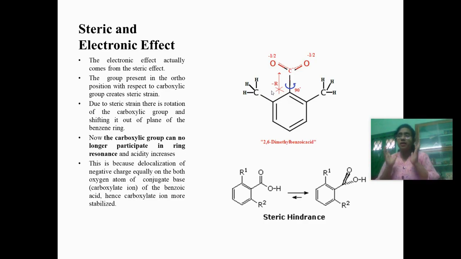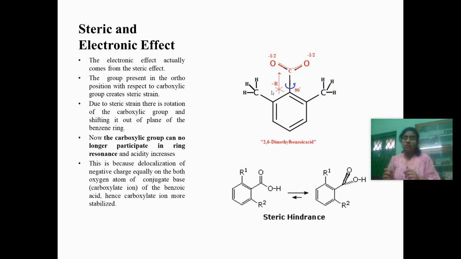So, as a summary, we can say that due to the ortho substituent, the CO2 minus group rotates 90 degrees, and then the CO2 minus, the O minus, gets high stability. As there is high stability, with no electronic or steric repulsion, the conjugate base is more stable, and a more stable conjugate base means the acid will be more acidic.